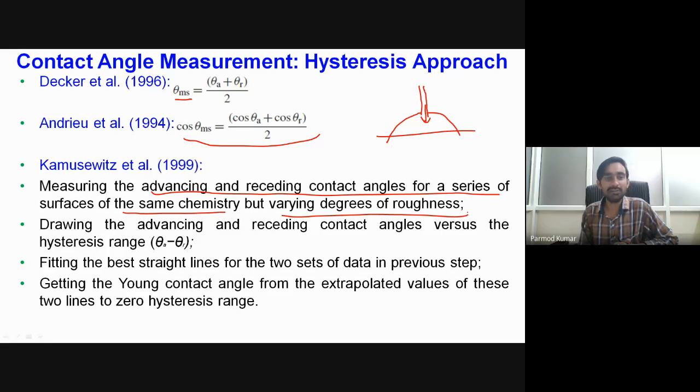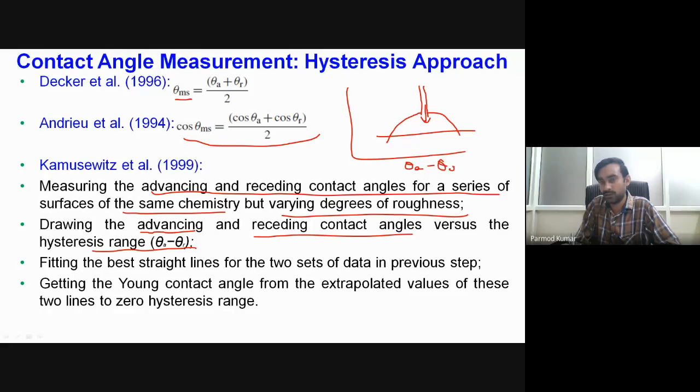Now for each surface, once we have the advancing and receding contact angles, we find the value of hysteresis, the hysteresis range. Then we draw a two-dimensional plot where we plot the advancing and receding contact angles as a function of the hysteresis range, theta A minus theta R. So we have theta A minus theta R along the abscissa, and theta advancing and theta receding on the ordinate, with a large number of data points.